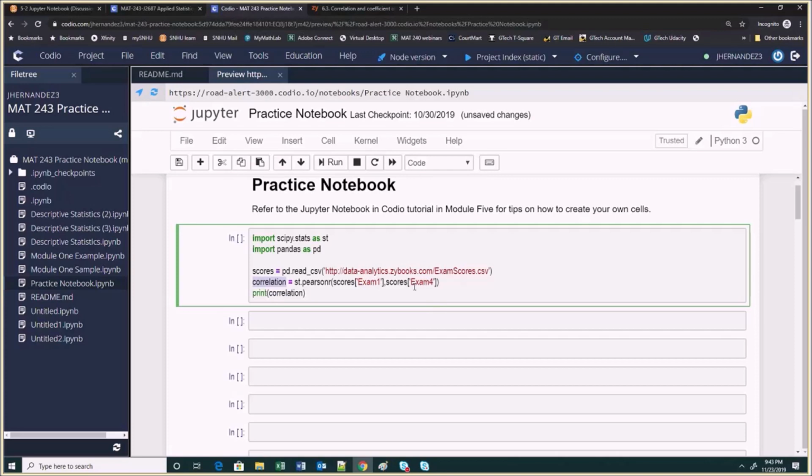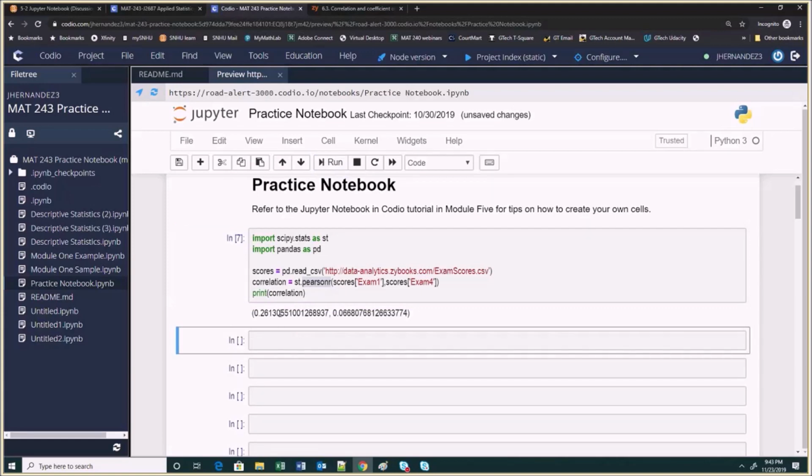And what that means is we're getting a quantitative measure of any relationship that exists between exam 1 and exam 4. So let's print this. We're going to use the Pearson R, which is a method in the scipy.stats submodule. Pearson R is a correlation coefficient. And we will calculate that, and then we will print it.